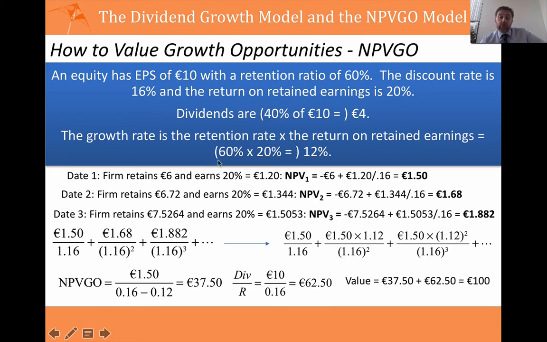There's no growth, so it means you're not retaining anything, so the dividends are equal to the earnings per share. The discount rate is 16%, so we get the value of €62.50. And so the value of the equity is the net present value of the growth opportunities, plus the value of the equity without any growth opportunities, which gives us €100.